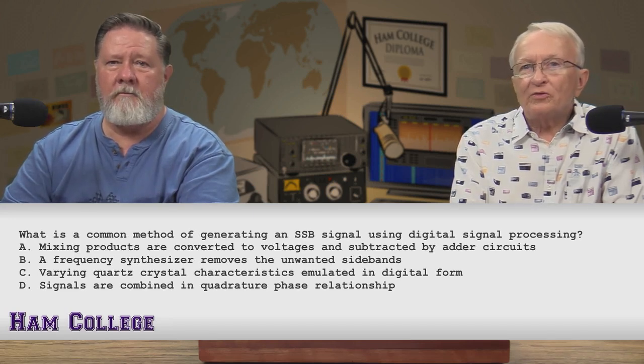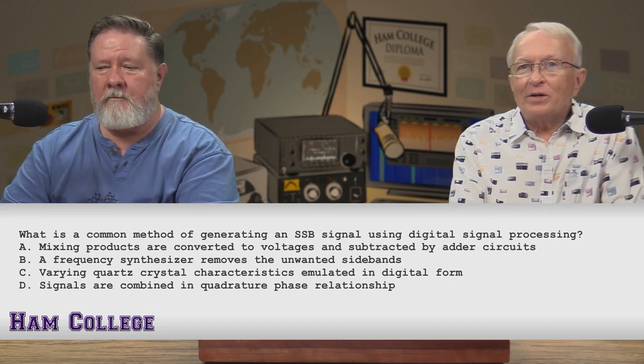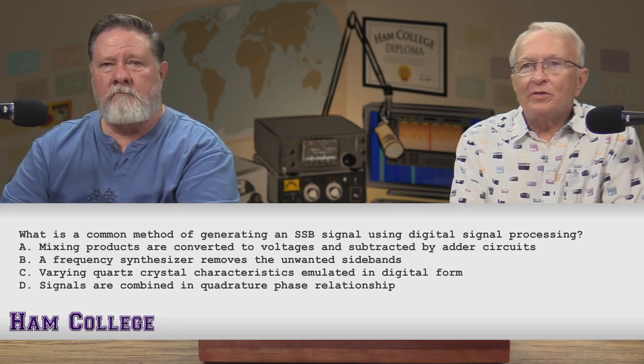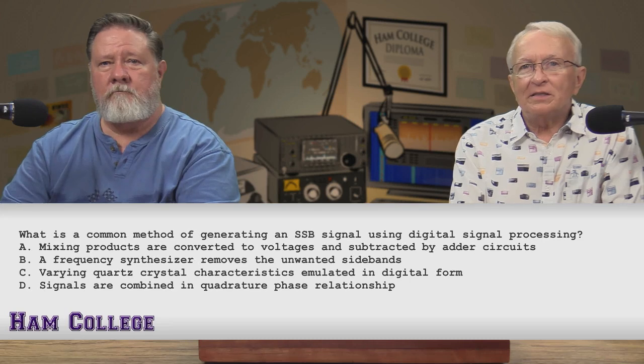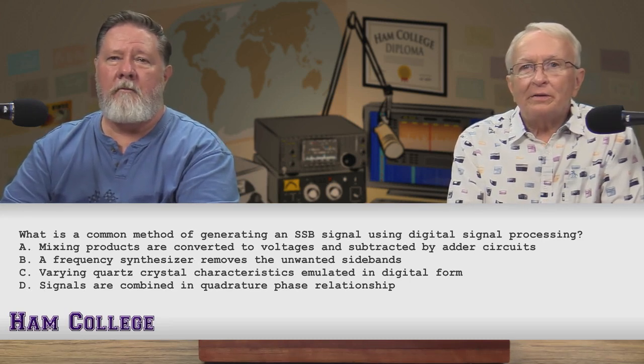Let me read the question again because I wasn't really paying attention. What is a common method of generating an SSB signal using digital signal processing? Okay. Well, this can narrow it down. Well, I think you might have just told us. I think I might have.